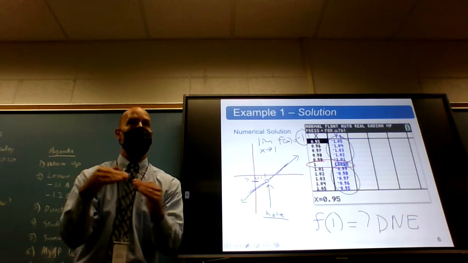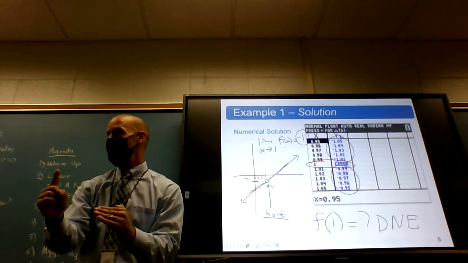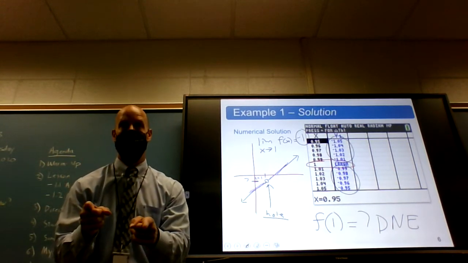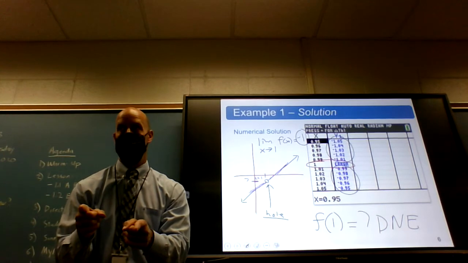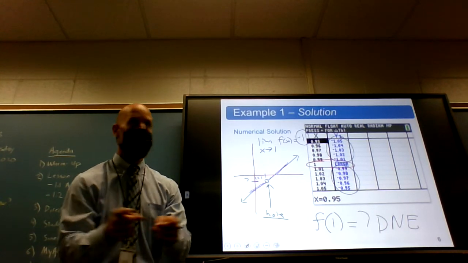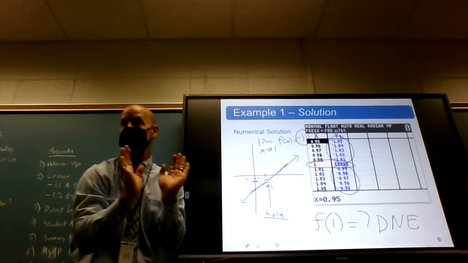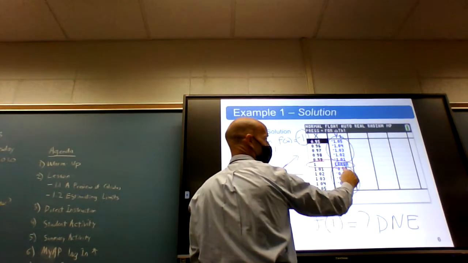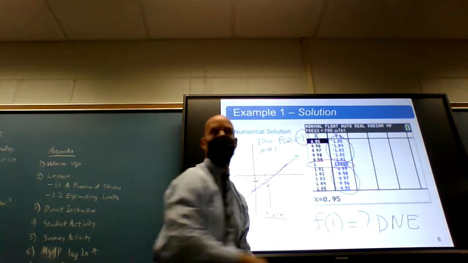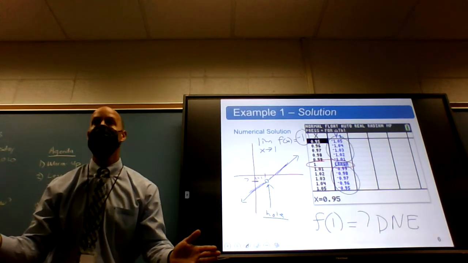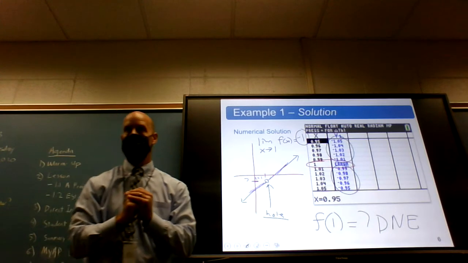They both appear to be going to -1. That's what we call a limit. If this side was going to some other value besides -1, like let's say these were all -5s, then the limit would be does not exist. Does that make sense?